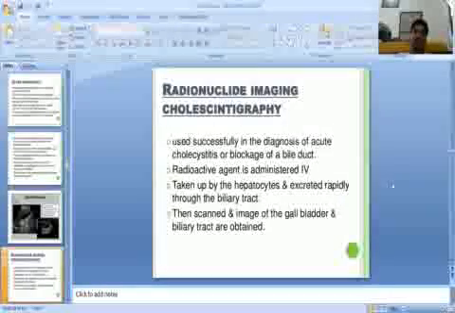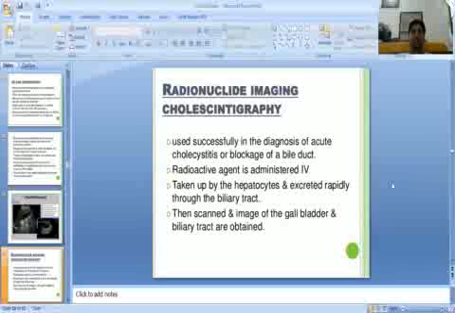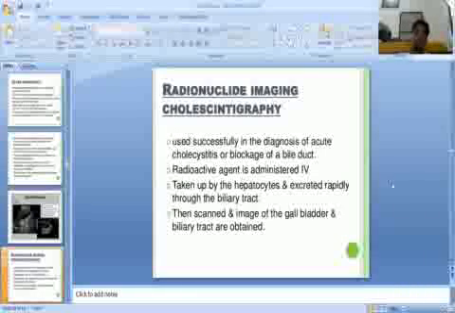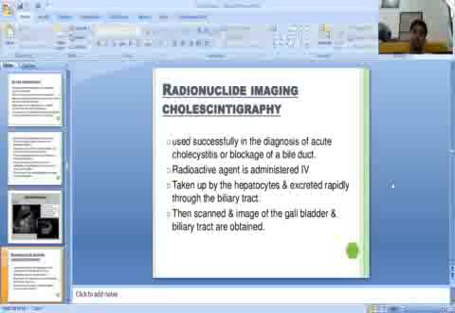Radionuclide imaging cholecystography. It is used successfully in the diagnosis of acute cholecystitis or blockage of a bile duct. A radioactive agent is administered IV, taken up by the hepatocytes and excreted rapidly throughout the biliary tract.